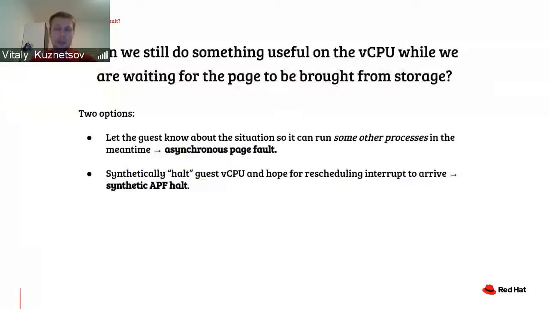The difference between this and blocking a vCPU is that with the synthetic APF halt, we keep interrupts enabled. So we hope that there's going to be a rescheduling interrupt in the guest, and the guest will automatically switch to some other process. At the same time, the memory which wasn't available before may actually become available, so when it switches back to the task, it may run normally.